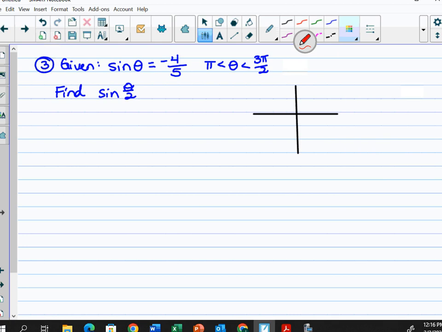Okay, what quadrant is theta in? All right, so when I draw this, okay, what is the other side of my triangle? Negative. Don't lose your negative. That will mess it up.